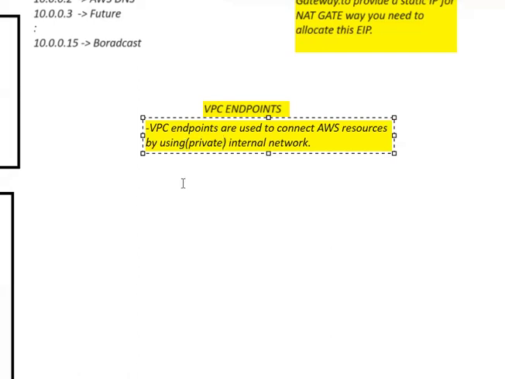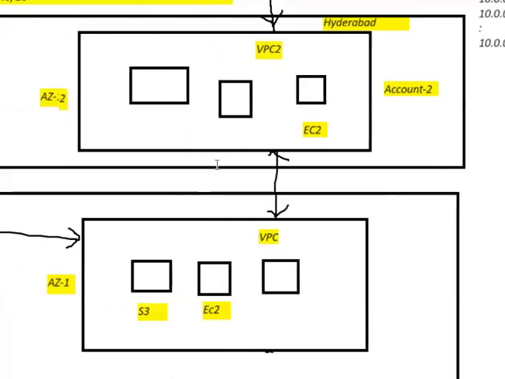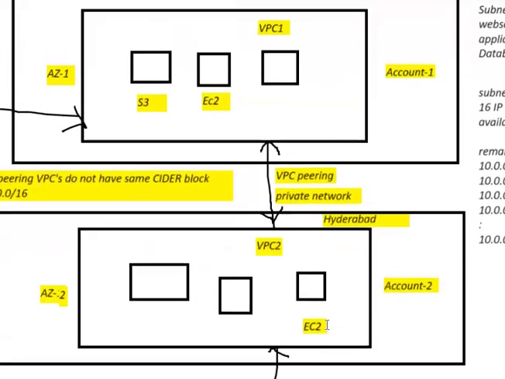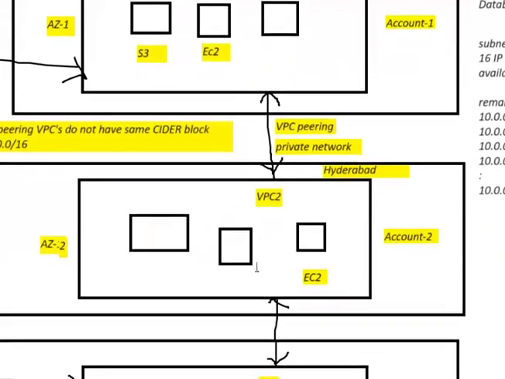I need to mention one more point regarding VPC peering. This VPC peering is also a private network. So you are creating a private network whenever you create your VPC peering, a private network for communication between resources which are present in your VPCs.